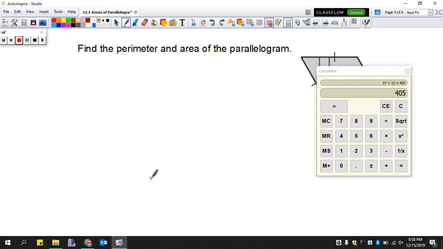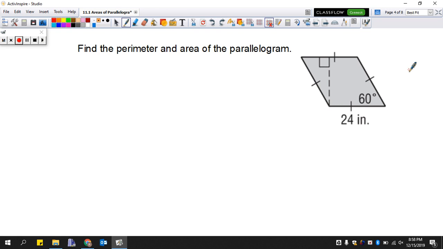All right. This next parallelogram is a rhombus, and you know it's a rhombus because all of the sides are the same measure. So this is 24, this is 24, and this is 24.